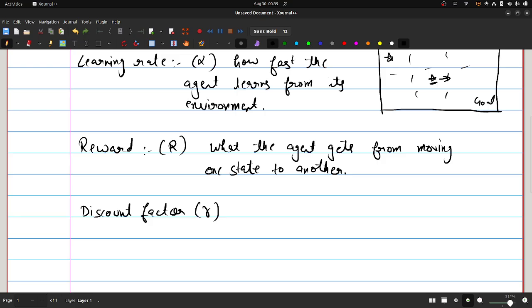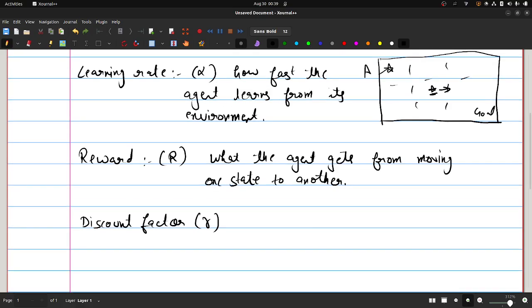Let's say you are in position A, and this is position B. Now you need to take an action in position A. You can say the goal is on the right hand side, so we should go towards the right. But sometimes you may need to take a different action, like this one, which is not towards the right but towards the bottom.